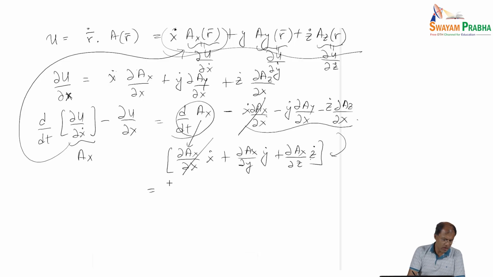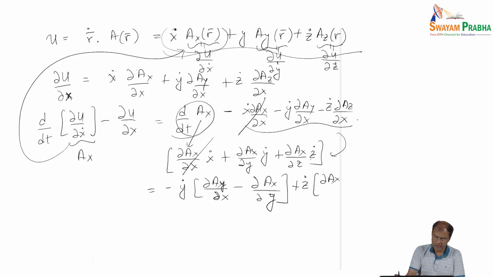But what remains is that this is going to be equal to minus Y dot times partial AY partial X minus partial AX partial Y, plus Z dot of partial AX partial Z minus partial AZ partial X.